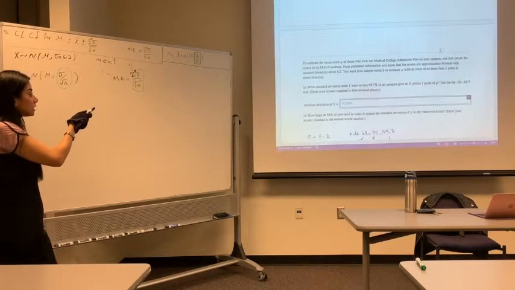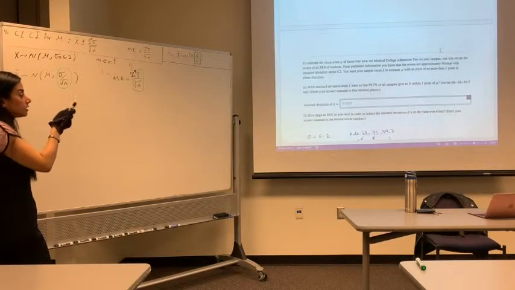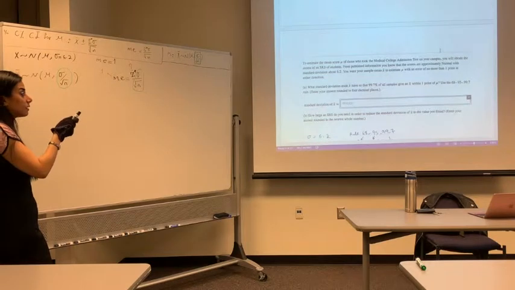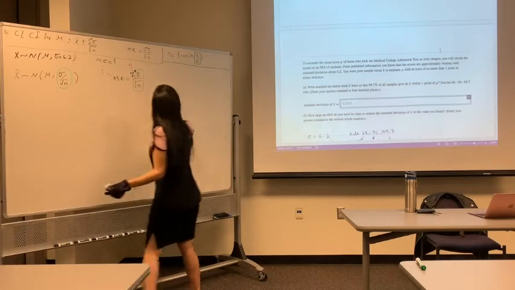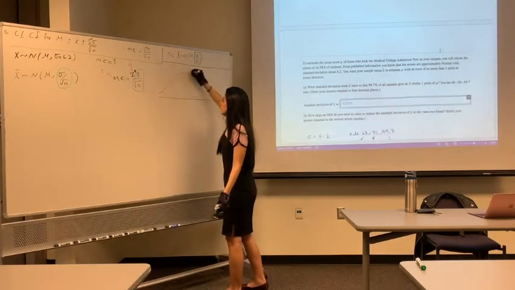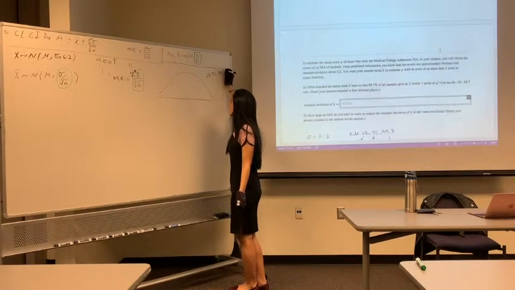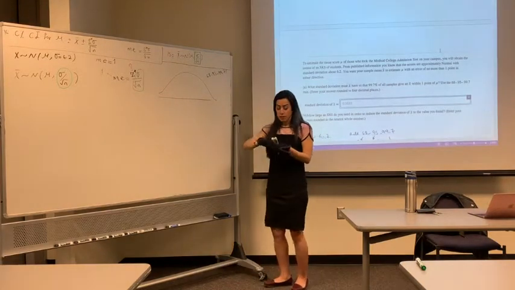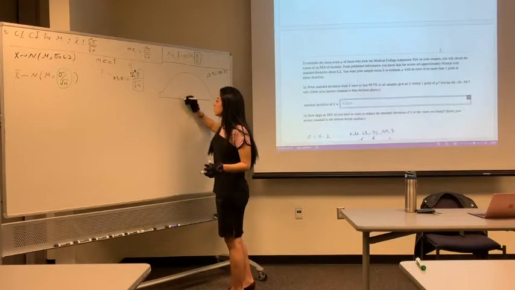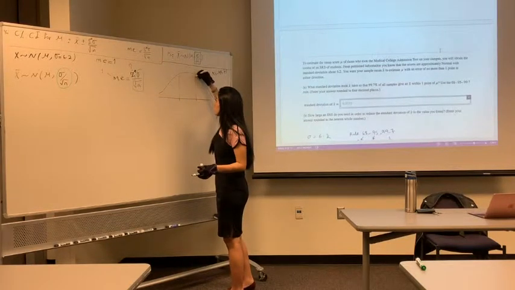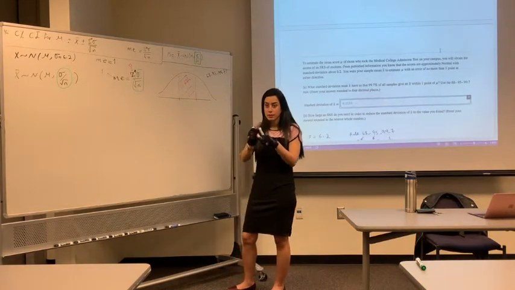So, how can I find z star? It says, what standard deviation must X bar have so that 99.7% of all the samples give an X bar within margin of error 1, right? If you remember the rule 68, 95, 99.7, we know that this one includes 68% of the population, correct?